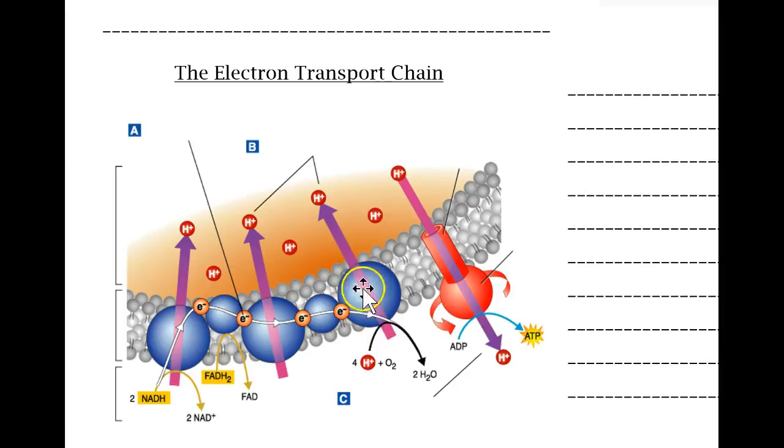So now, after it's been through the third ion pump, it's lost energy, and the electrons have to go to the final electron acceptor, which is oxygen. And we breathe in oxygen, so oxygen is present. Also, if this was the plant, the process of photosynthesis provides the oxygen.